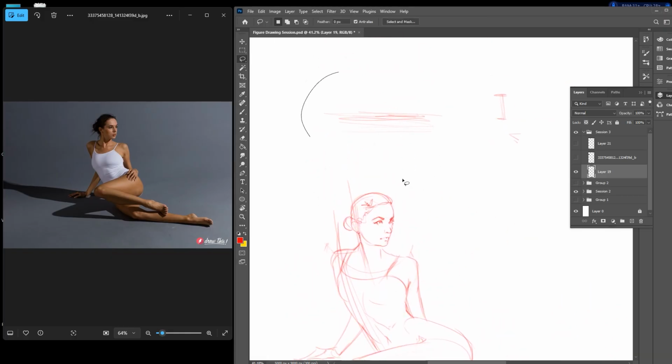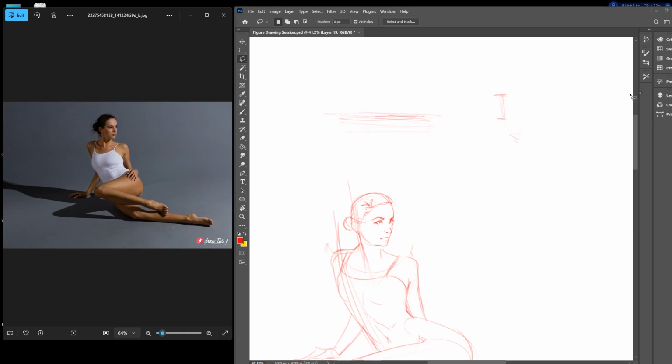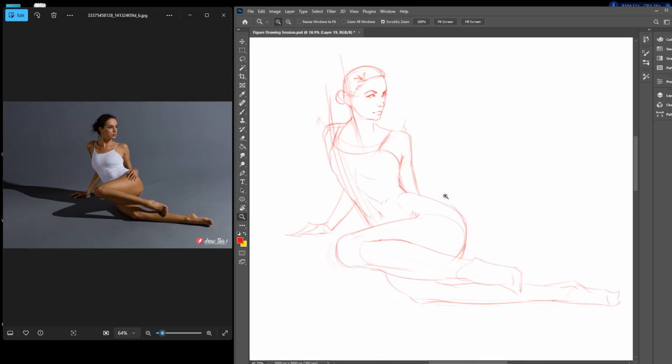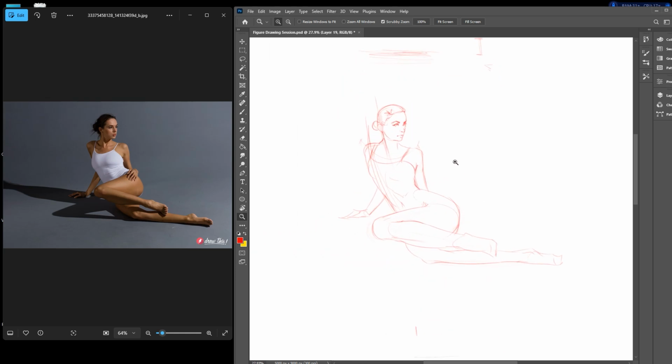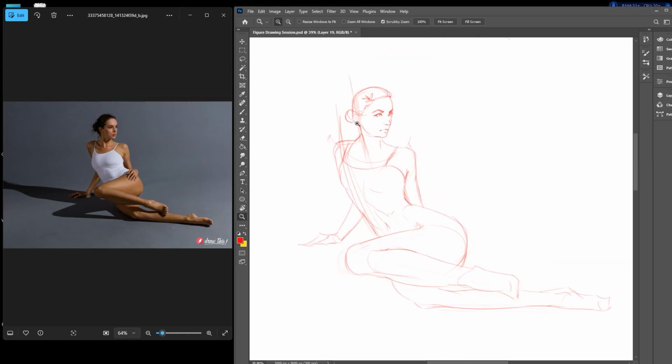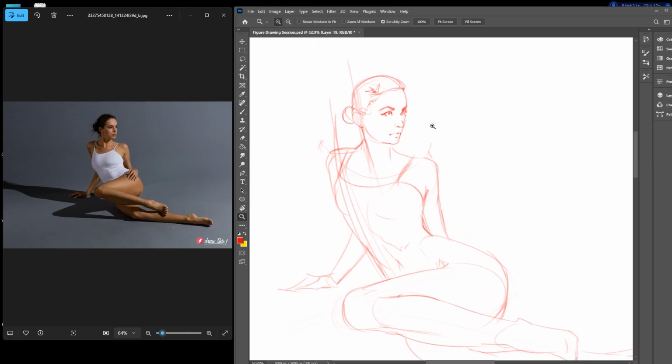I was thinking of doing a couple more figure drawings, but since we have gone into a lot of details and tips, we don't have time anymore.